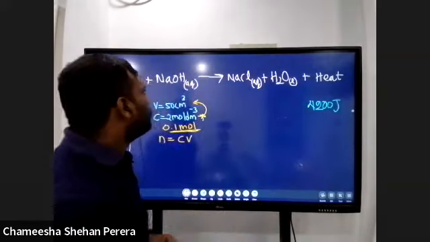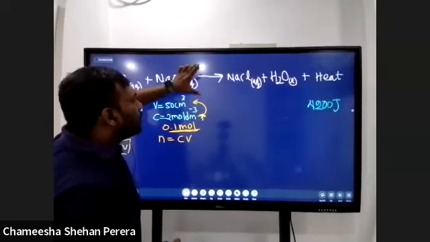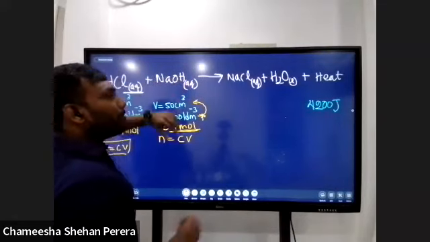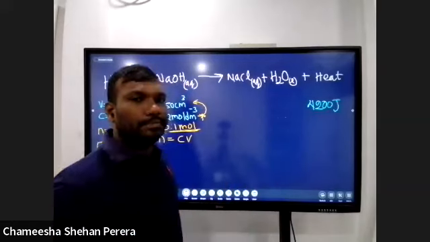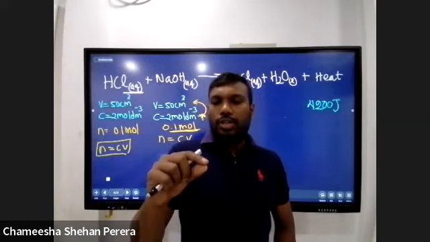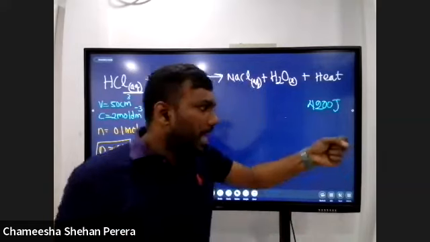So I'm telling you, you can add NaOH not as a liquid here, not as an aqueous form here, but as crystals. Sodium hydroxide pellets are available in the lab, right? So you can add 0.1 moles of sodium hydroxide as pellets, not as an aqueous mixture.